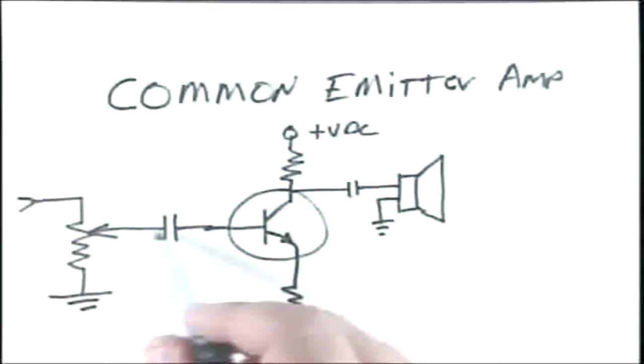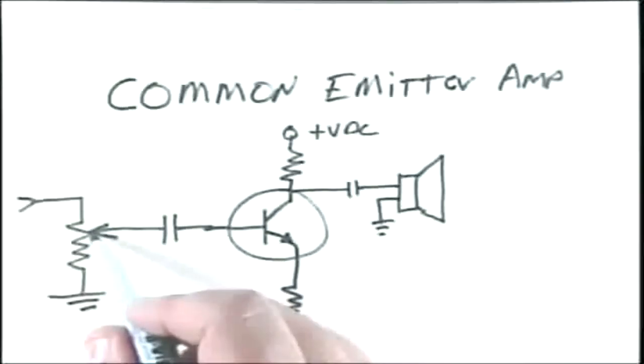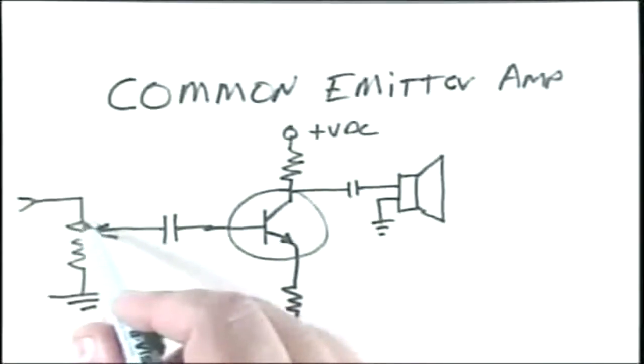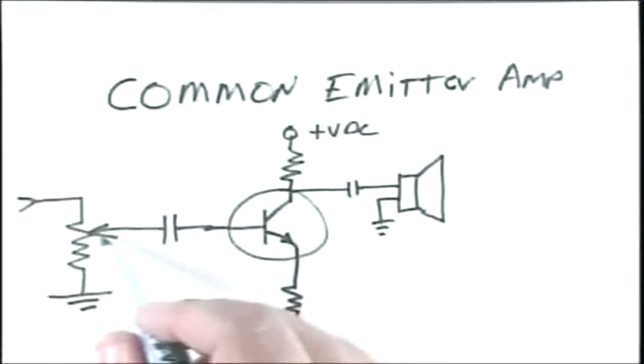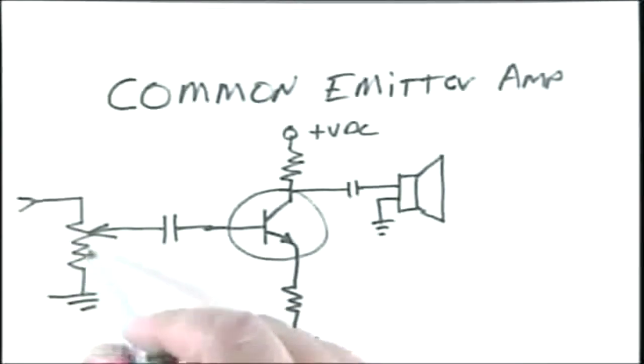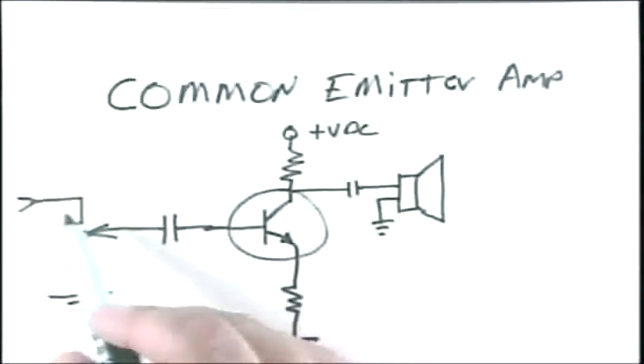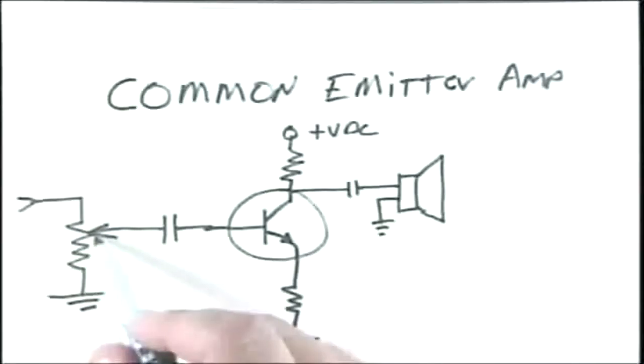If the tap is up here at the top, then you're getting all of the signal, so it's got a loud volume. If you put the wiper arm down here at the bottom, it's at ground, you're going to have no volume at all. And so we have a linear volume control that can give us a signal from maximum to minimum depending on where we place this wiper arm on this potentiometer here.